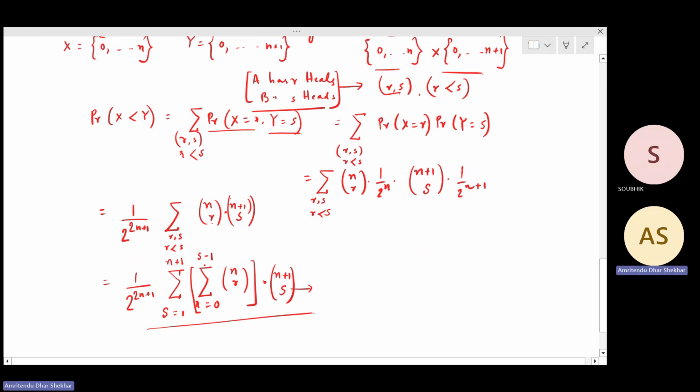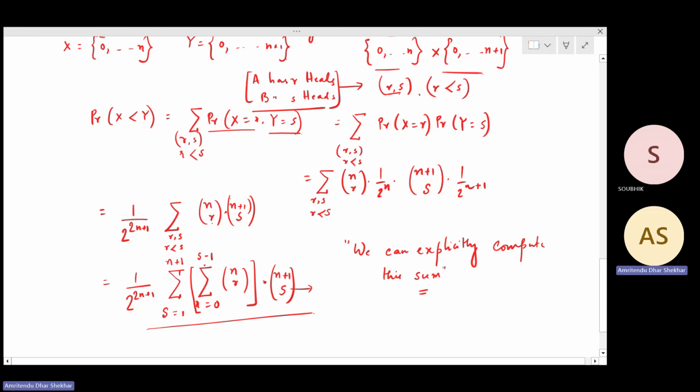Now, this is something we can compute. We can explicitly compute this sum, but it's not trivial.